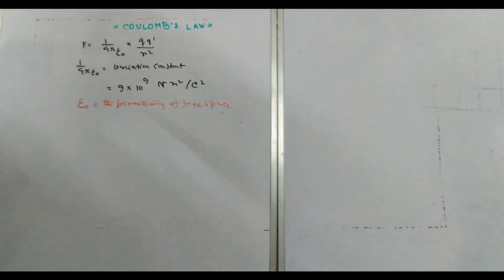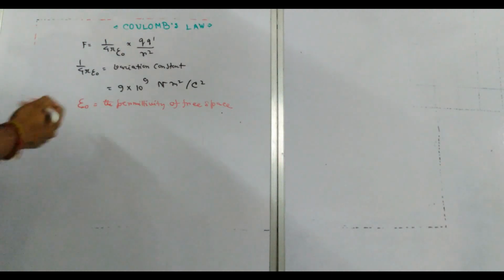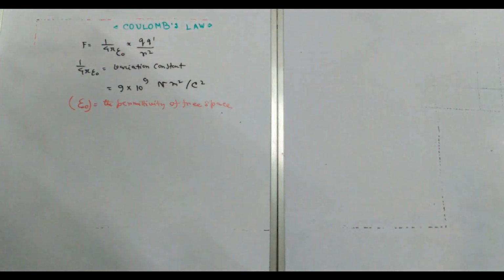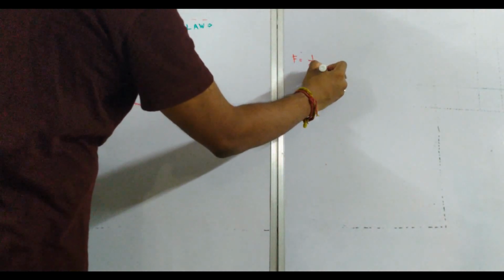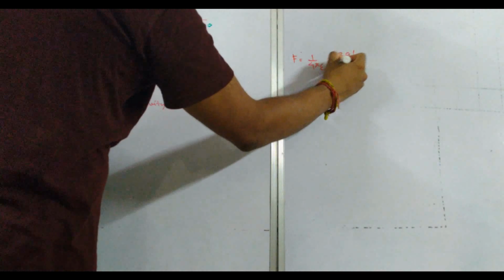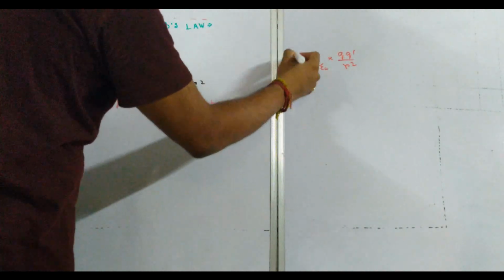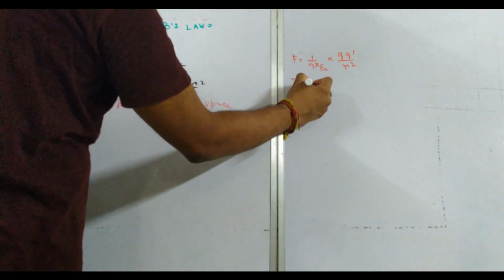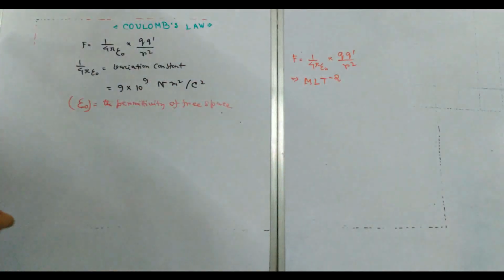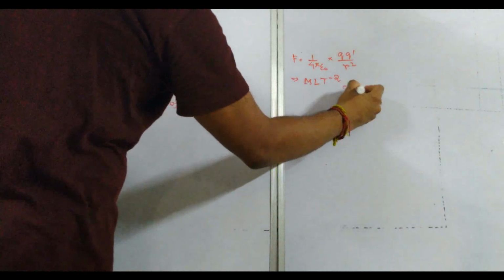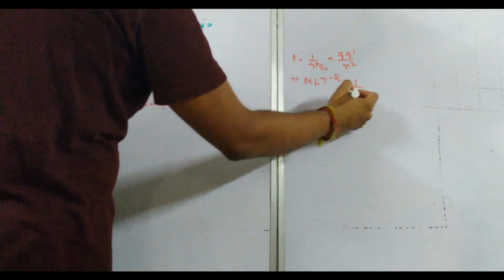Now, we are interested in finding the dimension of epsilon naught. In class 11, we have done it several times, but still we are trying to find it out. So, F equal to 1 by 4 pi epsilon naught into Q Q dash by R square. F is nothing but the force, and force is given as mLt to the power minus 2. And pi has no dimension at all.